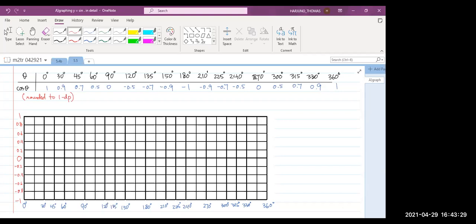Now, once you're done with this coordinate system with the table, try to plot them and connect the dots, like what we did earlier. I will give you approximately 3 or 4 minutes from here.